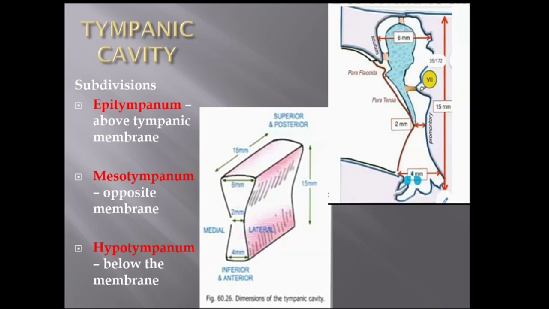Now, subdivisions of tympanic cavity. In this diagram, this is the tympanic membrane and this is the tympanic cavity. Above the tympanic membrane is the epitympanum, opposite the membrane is the mesotympanum, and below the membrane is the hypotympanum.